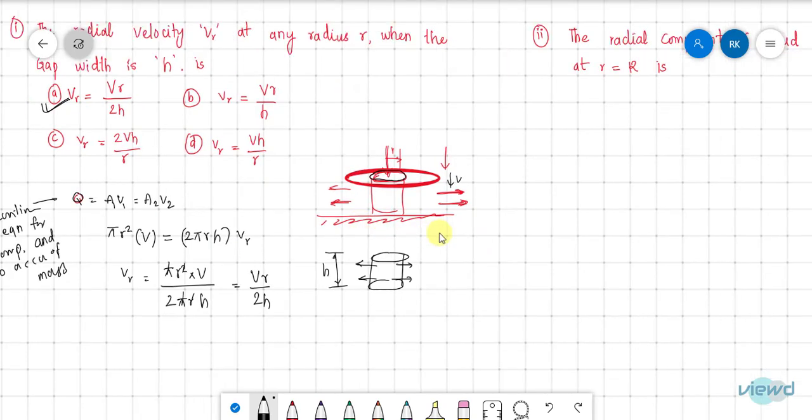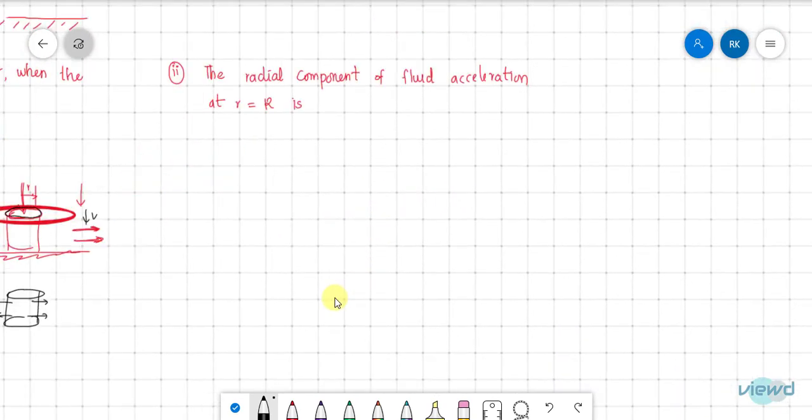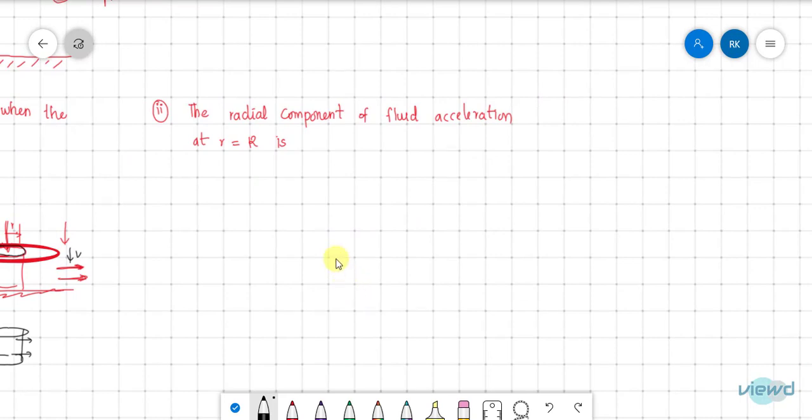And the second question from this data is the radial component of fluid acceleration at r equal to capital R. So if this is capital R, at this position, what is the acceleration? That is asked here. So how to find acceleration?